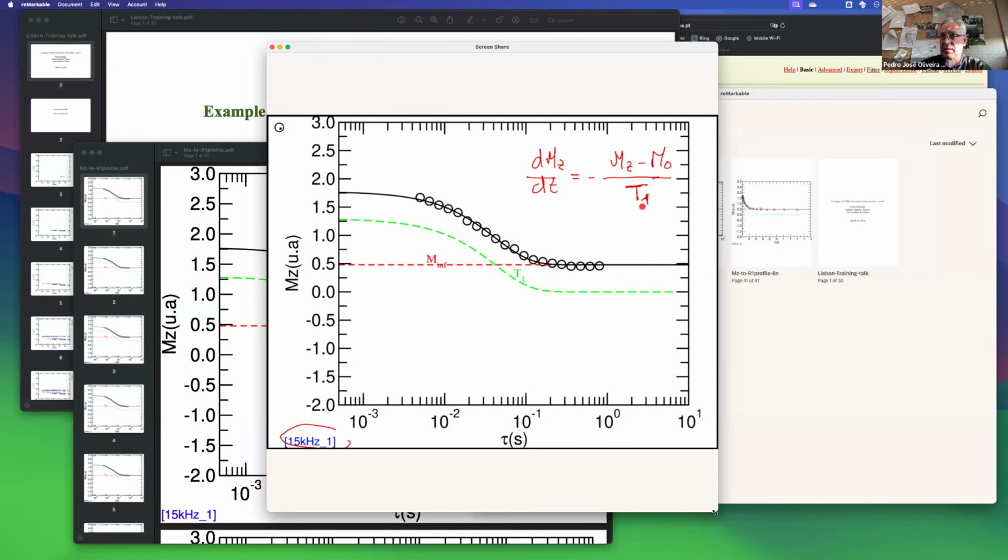And we have this constant, the relaxation time, the spin lattice relaxation time. If you solve this equation, it will give a function which is basically, let me see if I'm not wrong with this.